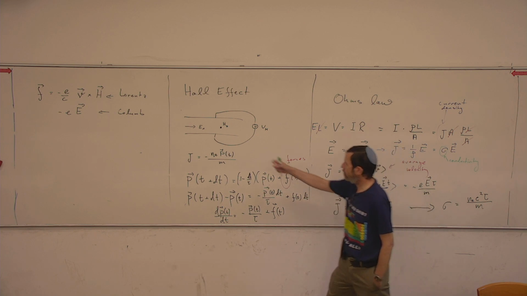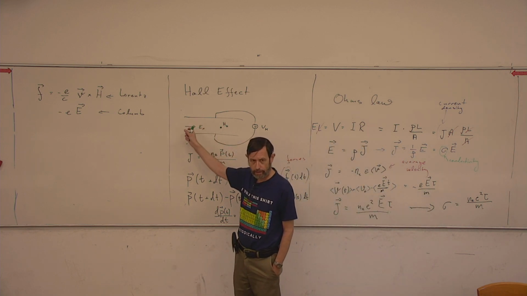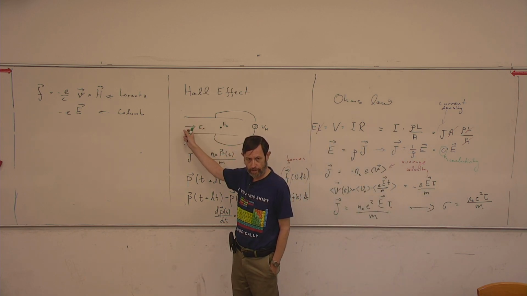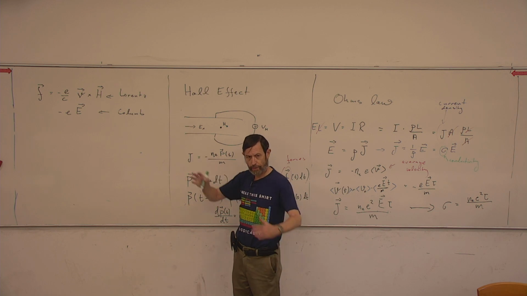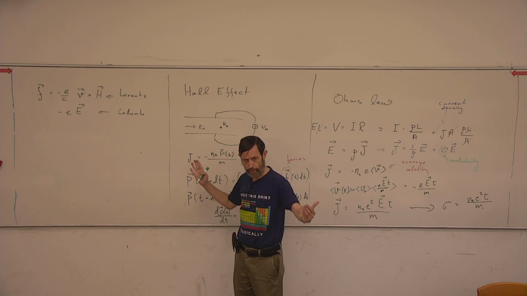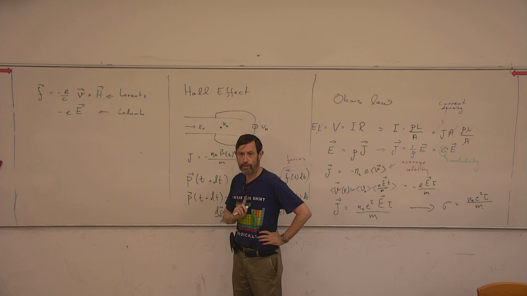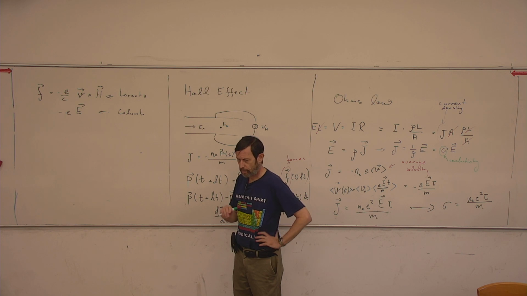Okay, this is the magnetic field. This is the electric field that we apply in order to create current. We have an additional electric field. Why is that? Maxwell's equations. Electromagnetic, because the electric field generates the magnetic one and the other.